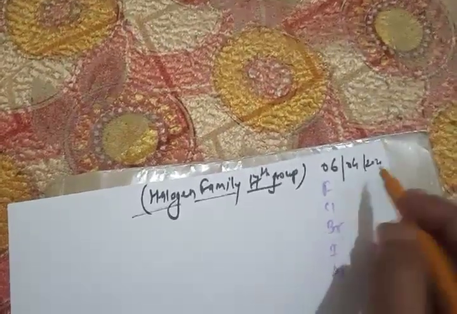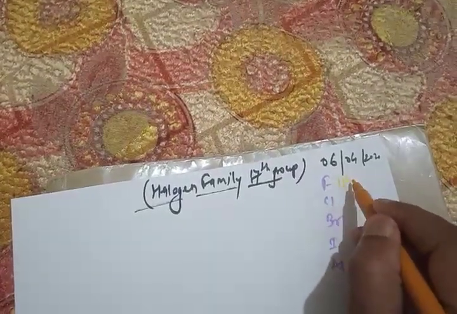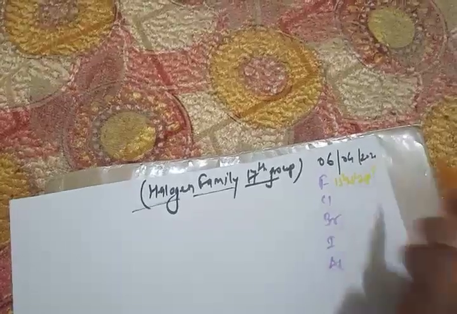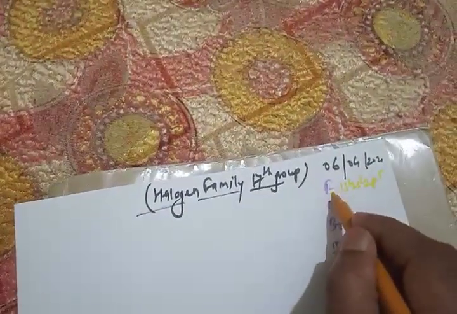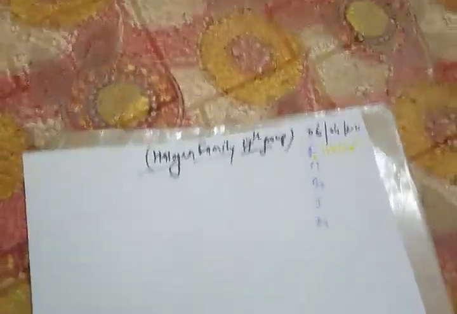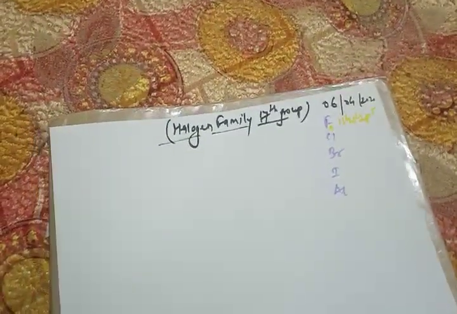Electronic configuration, if we discuss, is ns2 np5: 1s2, 2s2, 2p5 for fluorine, and so as for chlorine till 3p5, 4p5, 5p5, and 6p5.